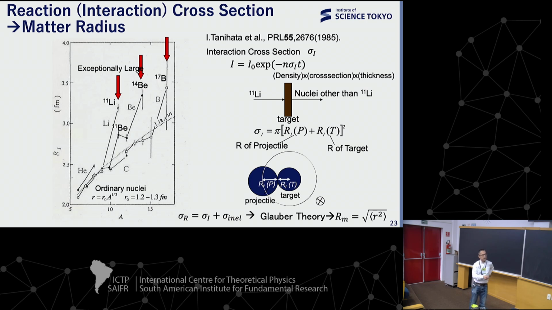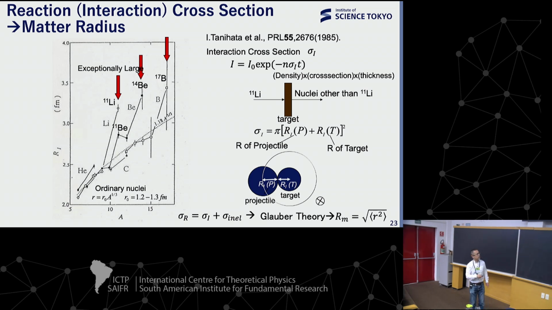If you add inelastic scattering, then it becomes sigma R, the reaction cross-section, which can be calculated by Glauber theory, including density distribution and nucleon-nucleon cross-sections. And then you can extract the so-called root mean square radius. Usually, we use this Glauber theory to extract the root mean square radius of these particles.